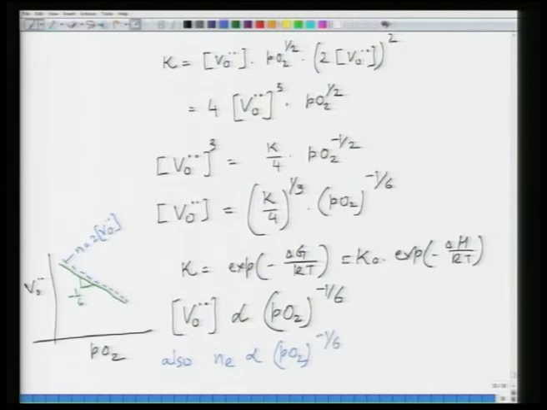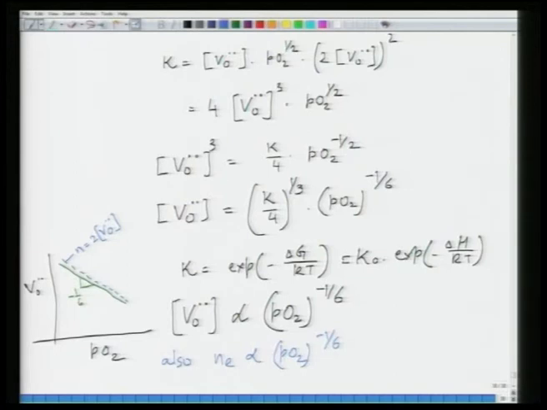The only difference that you see with respect to the previous case of stoichiometric oxide is that in the case of stoichiometric oxide there was only temperature dependence, there was no dependence on partial pressure of oxygen. Here not only do you have a dependence on temperature, which is a result of K being dependent on temperature, you also have a dependence on partial pressure of oxygen.